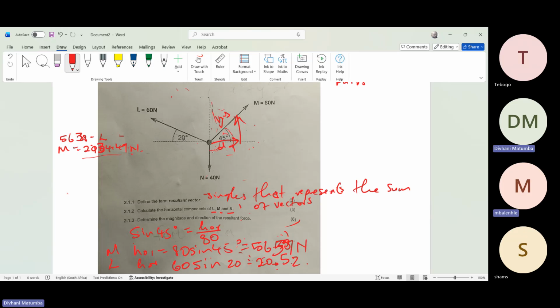Can you please take your calculator and say 40 times sine of 90, because this vector makes an angle of 90 degrees, and see what you're going to get. It gives us 40.